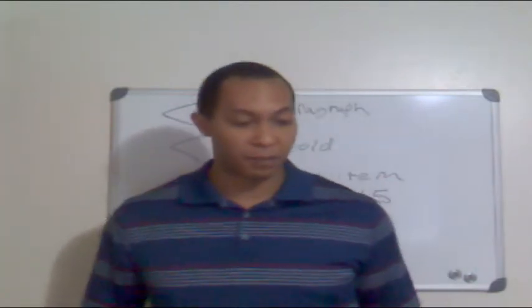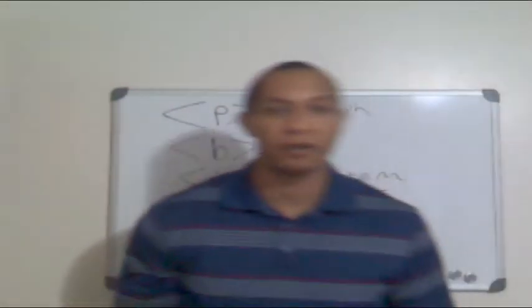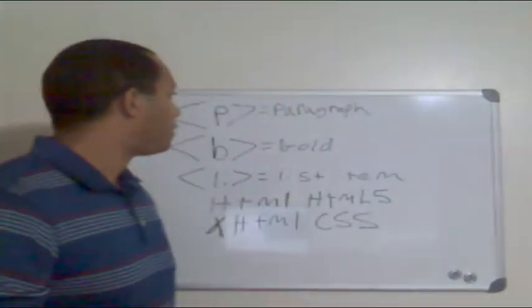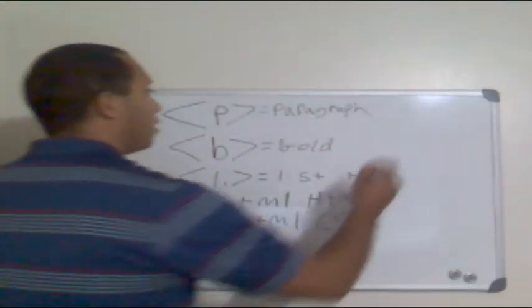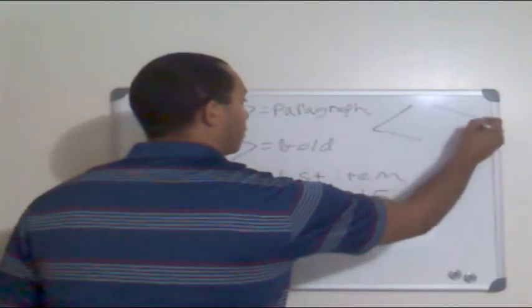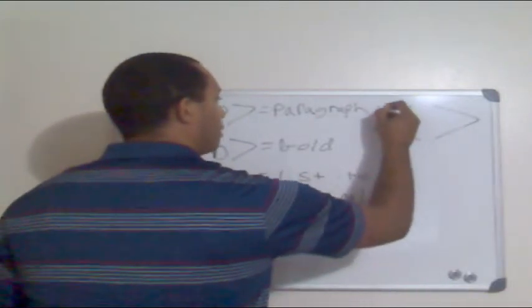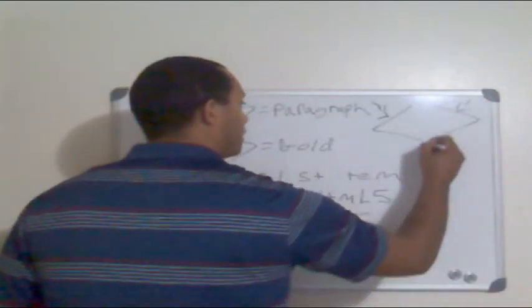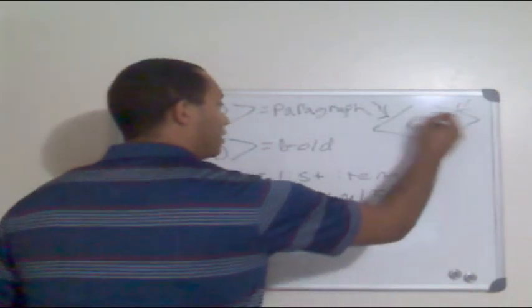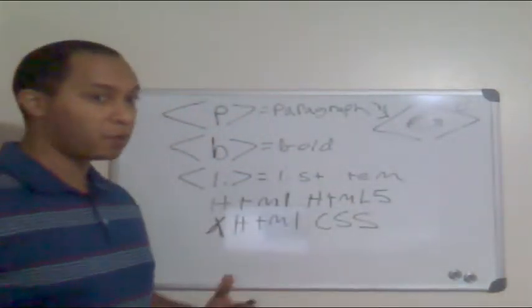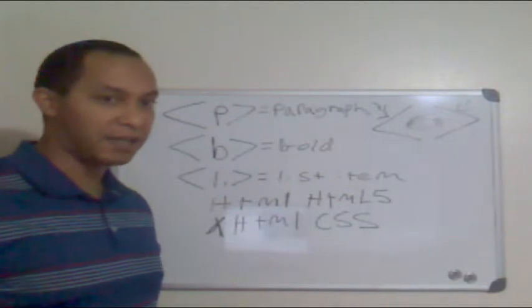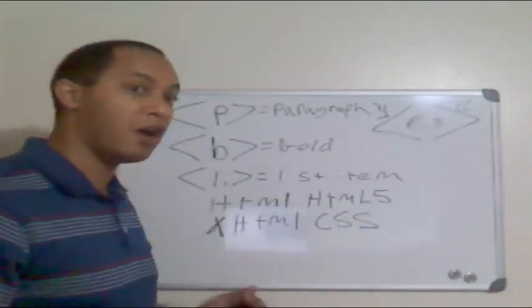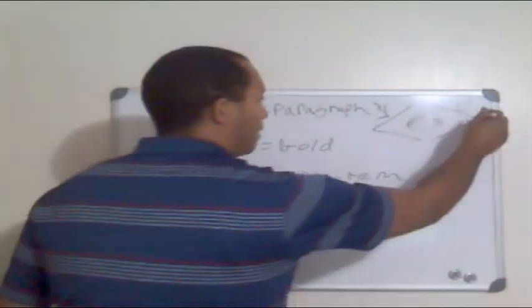So let's go over some simple codes here. One thing you've got to realize is a code is always in brackets, okay? The code is always inside these brackets. That is where the code is written. There can be spaces inside these brackets, but no spacing outside of the bracket.